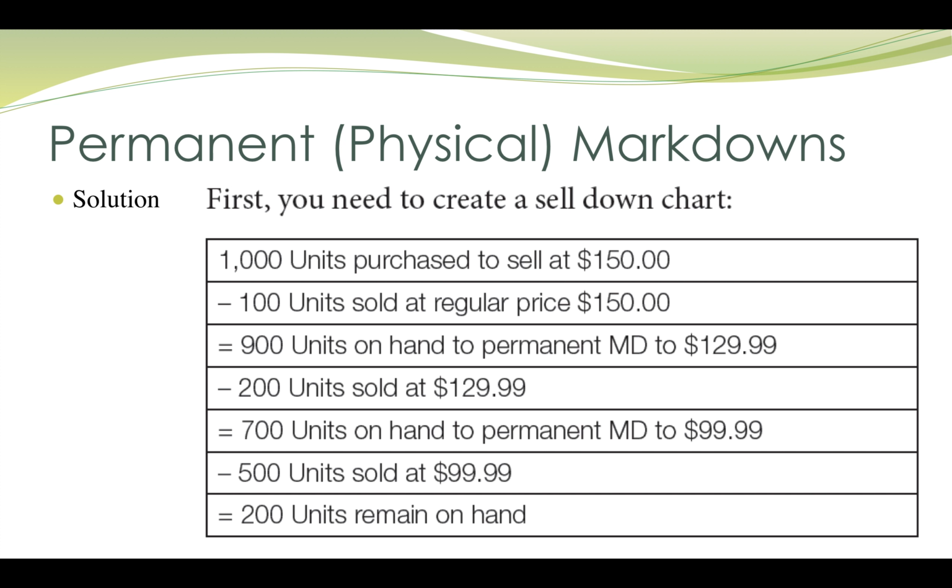And then the first permanent markdown to $129. We see 200 units were sold there, which brings us to 700 units. And a second permanent markdown was taken to $99. And we see that 500 units were sold, leaving us with 200.